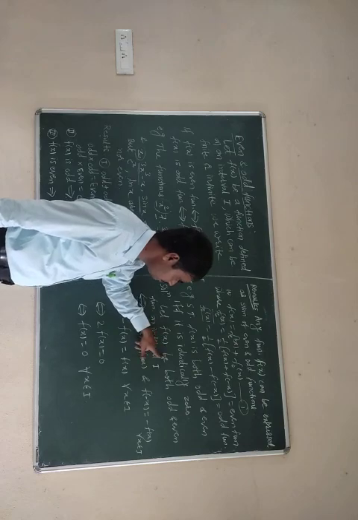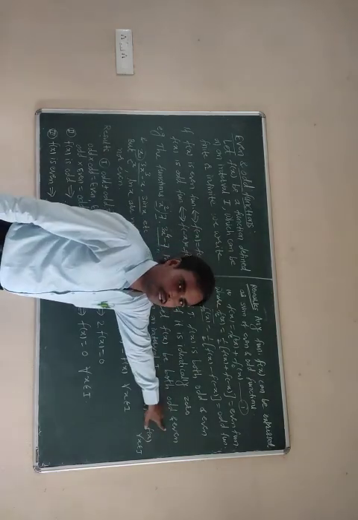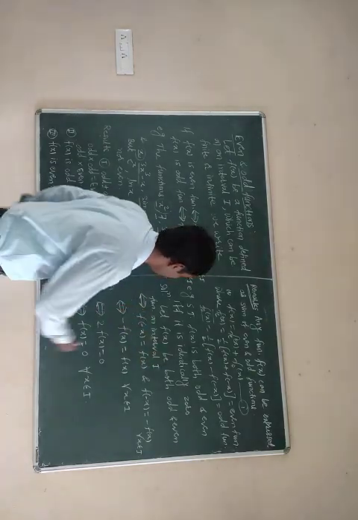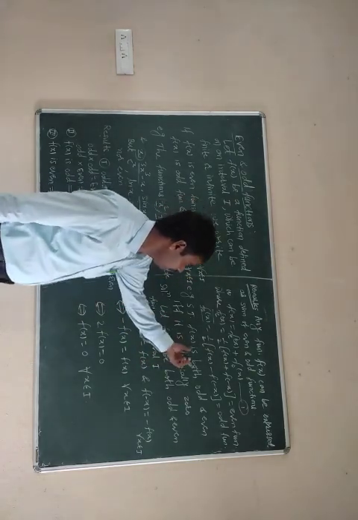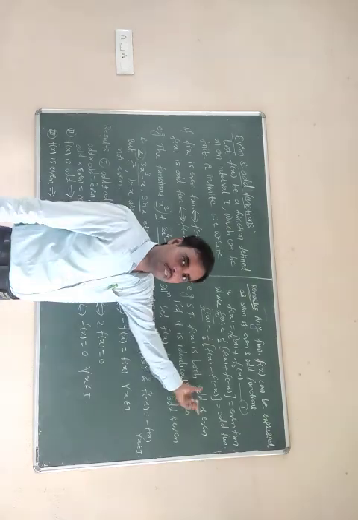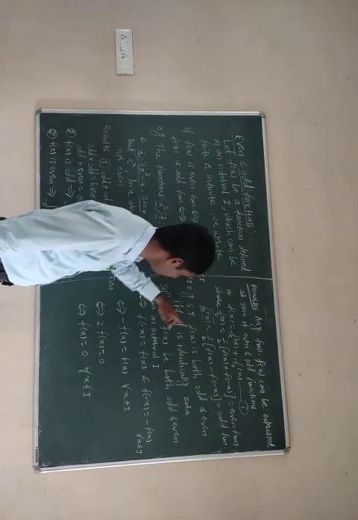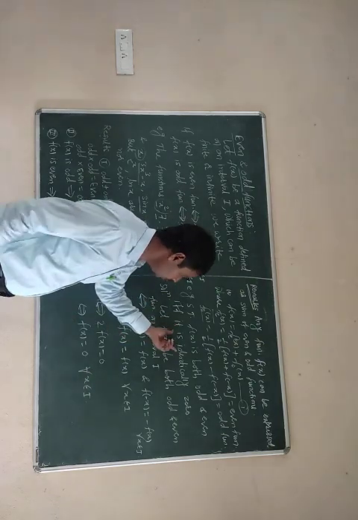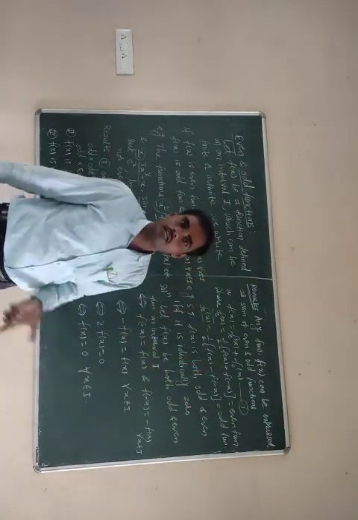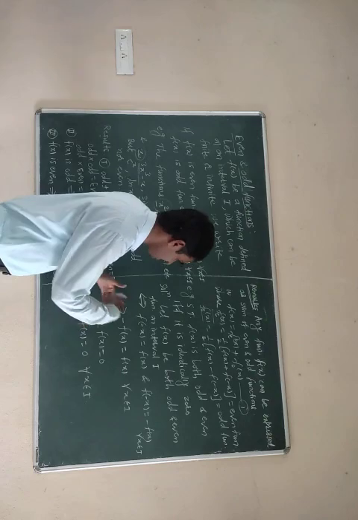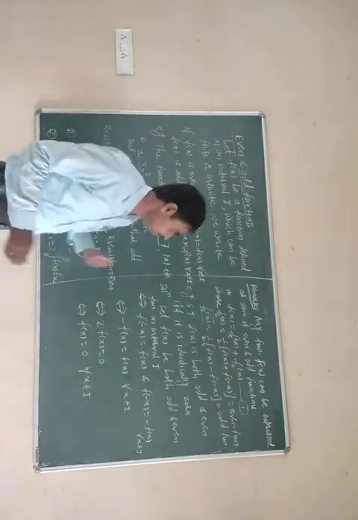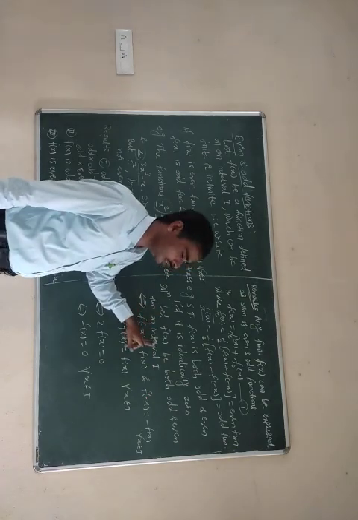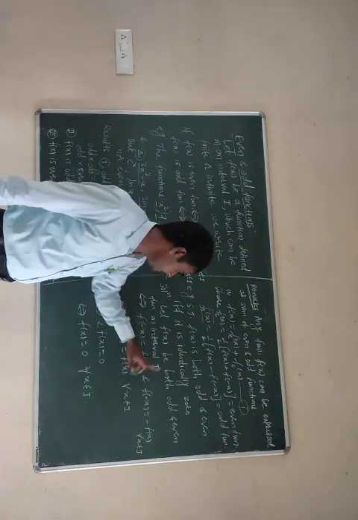Let f of x be both odd and even function on an interval I. What is given is that the function is both odd and even, and you have to show it is identically 0. Conversely, if it is identically 0, then it will be both odd and even. So we will solve it simultaneously. Let f of x be both odd and even function on the interval I.